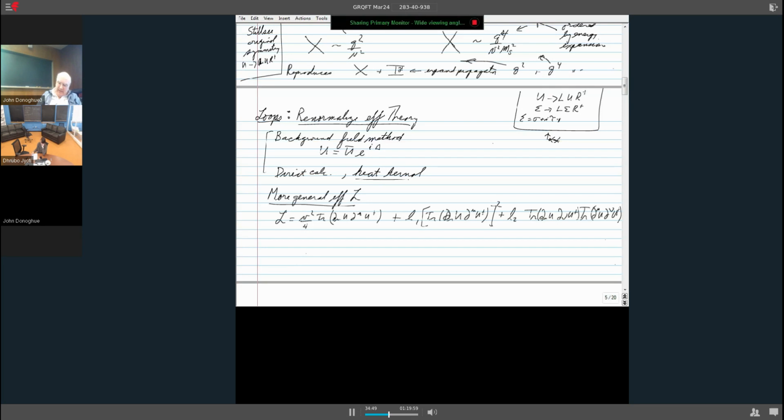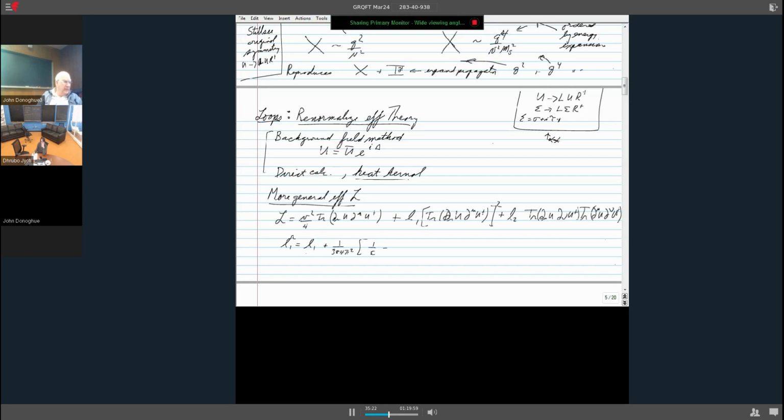Those are the only two independent ones that you can write out of this order. You might try doing something like putting inside the trace d mu, d nu, d mu, d nu, and then taking the trace, and there are just matrix identities that can be used to reduce this down to these two. In SU(3), you need a third term. In SU(2), the matrix identities get rid of this.